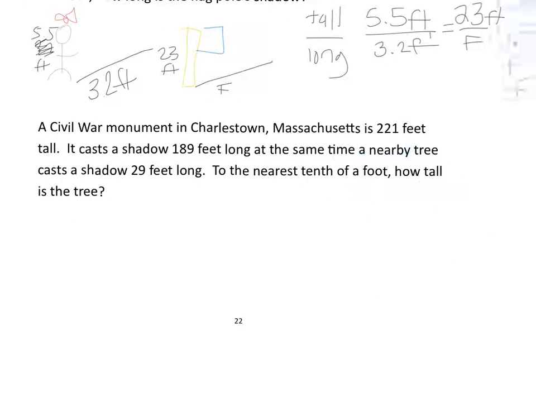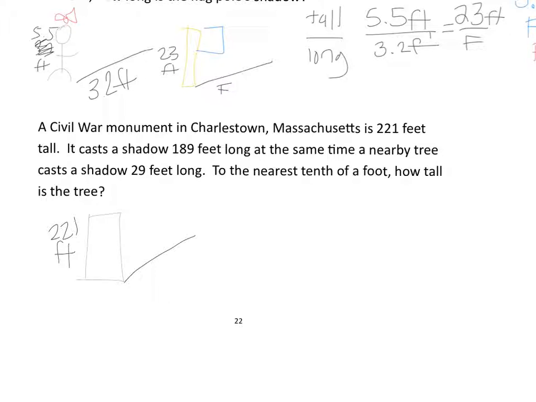On to the third one. A Civil War monument in Charlestown, Massachusetts is 221 feet tall. All right, my monument. It's beautiful, I know. And it's 221 feet tall. Make sure to pay attention to the numbers this time.